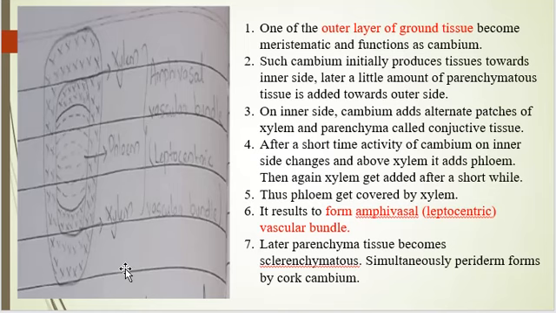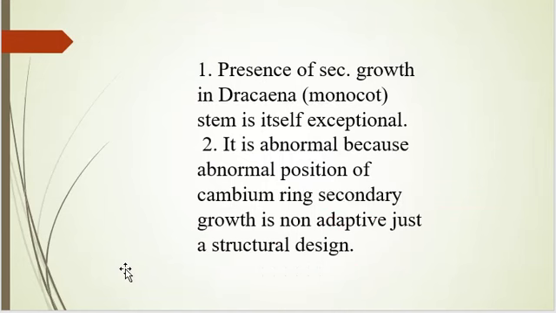So, this type of anomalous secondary growth happens in the Dracaena. The presence of secondary growth in Dracaena stem is an exceptional case. Not all monocot plants show this type of secondary growth.